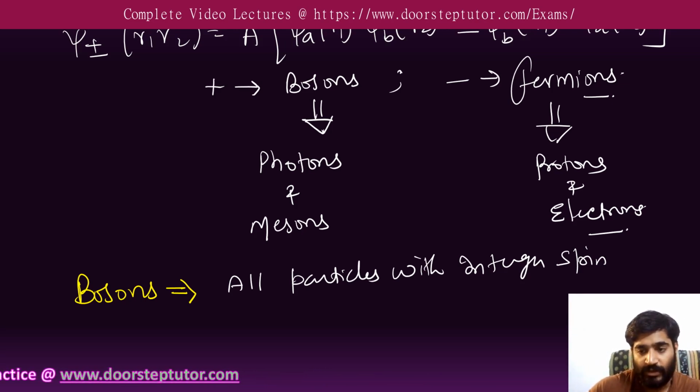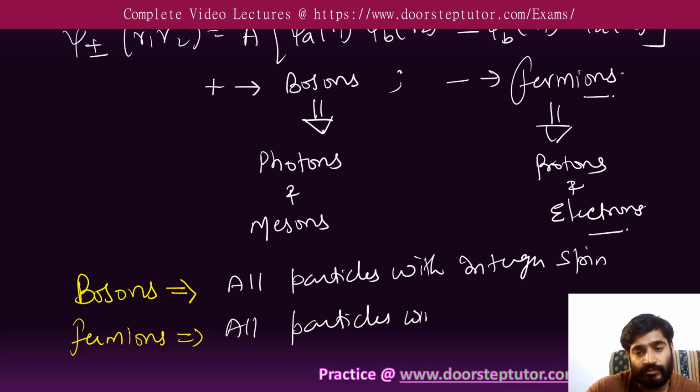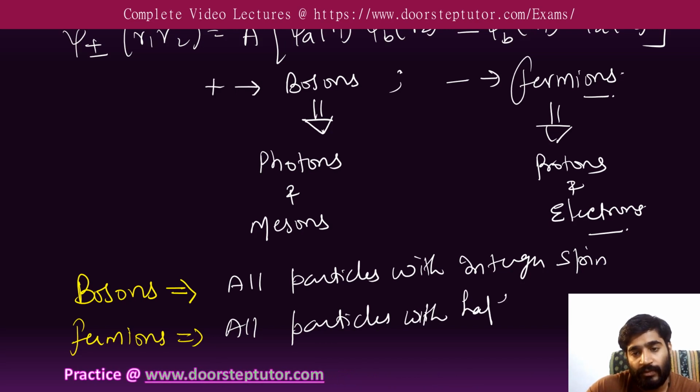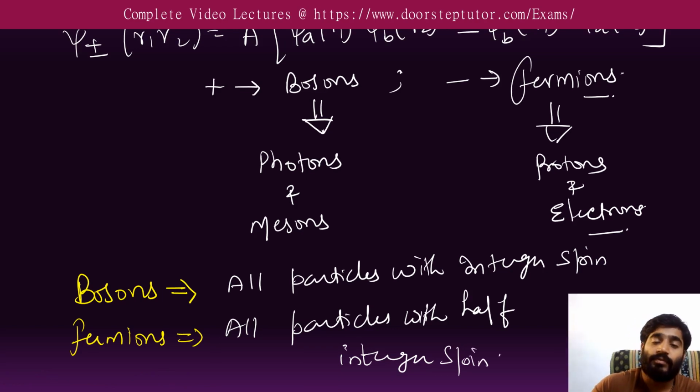When we talk about fermions, the example is the electron, and you have heard the electron has plus half spin, minus half spin. So we conclude that fermions are particles with half integer spin. It can be +3/2, -3/2 also. It can be +1/2 or -1/2.